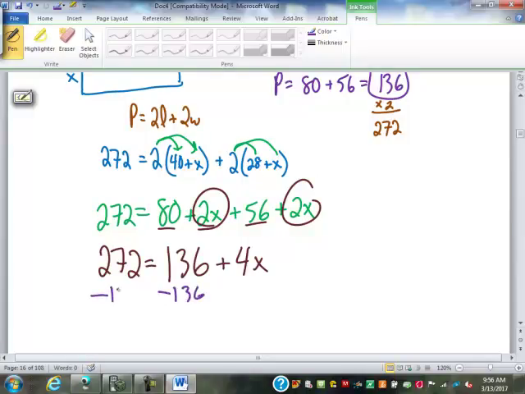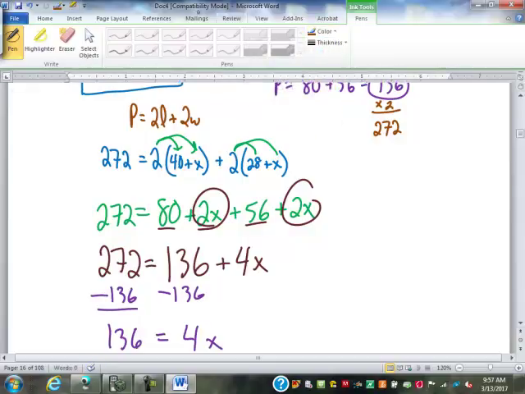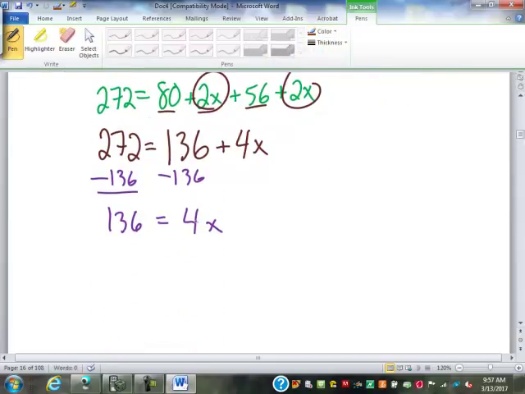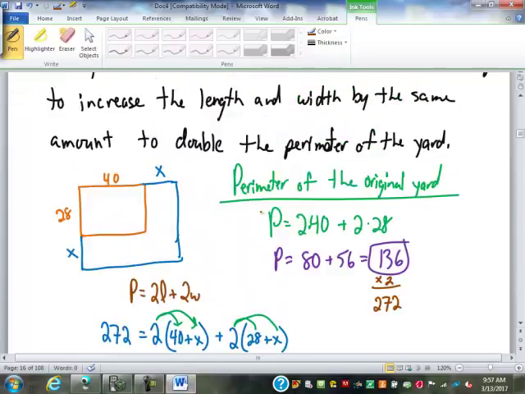Subtract 136. So 272 minus 136 is 136 equals 4X. And then divide by 4. So we get 34 equals X. So that means X is 34.